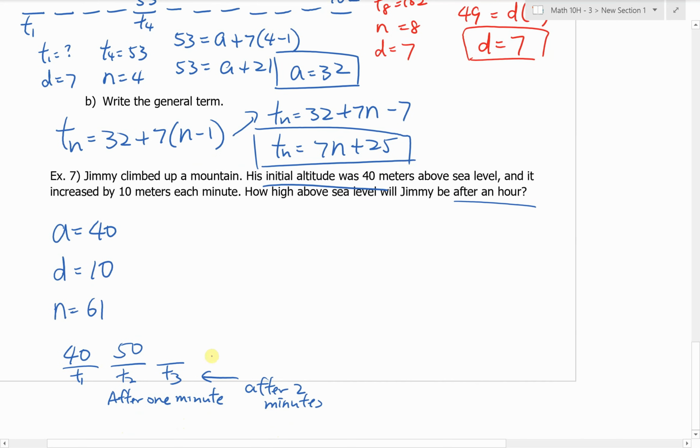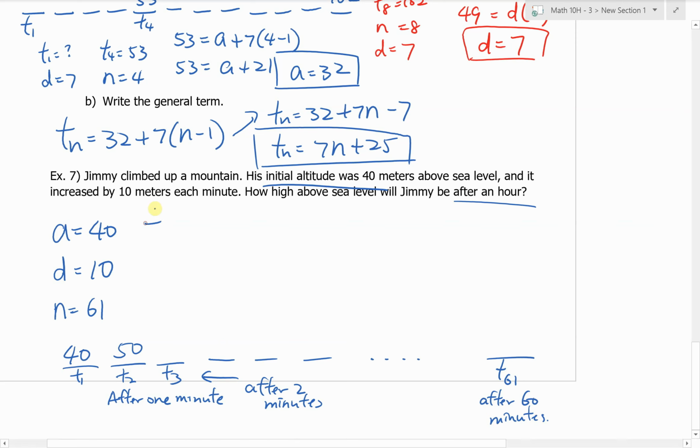So if we continue with this, after 60 minutes, this would have been T61. And that's why n is 61 in this case, after 60 minutes. So be really careful when we do word problems, okay? n is usually the one that people sometimes mess up, so just be careful.